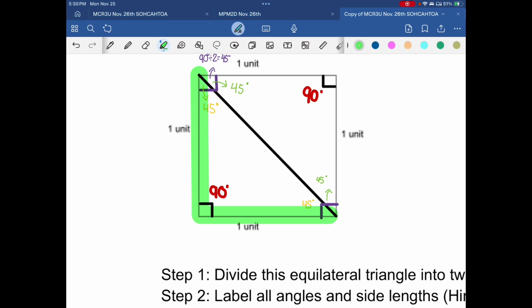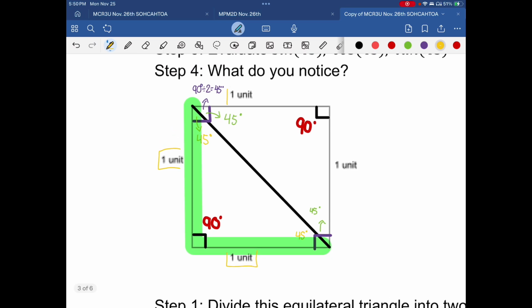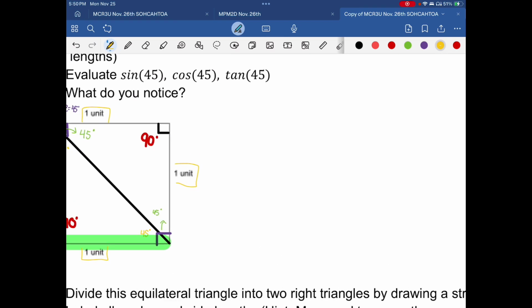And based upon my measurement, I know both legs of my triangle are each 1 unit in length. The only thing I don't know is the hypotenuse. That's the only thing I don't know.